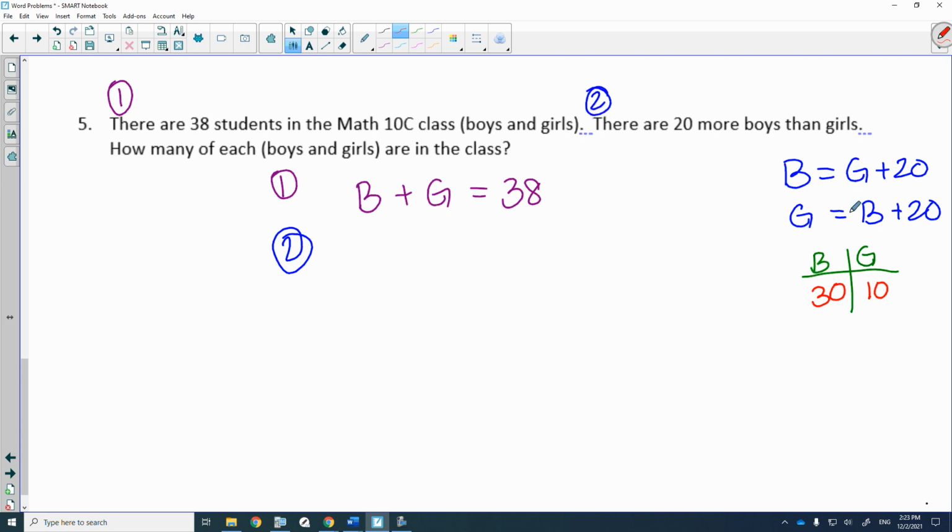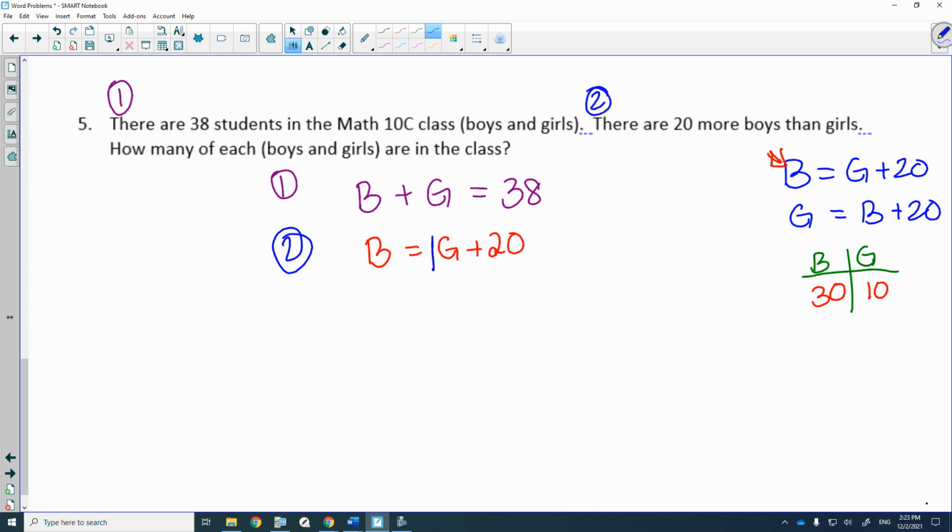First or second? Carly, what would you say? The first one. Yep. Because boys, if I put 30 here, it's equal to the number of girls, 10 plus 20, 30 equals 30. Yeah. So it would be the second, or sorry, this system here, which would be B is equal to G plus 20.